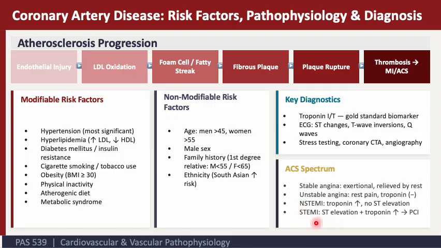And then the STEMI, which is the ST elevated MI, the patient comes in with chest pain, shortness of breath. EKG or ECG shows ST elevations in certain leads, and then when you get a troponin back, it's positive. That rules you in for acute coronary syndrome. That patient should go immediately to the cath lab.